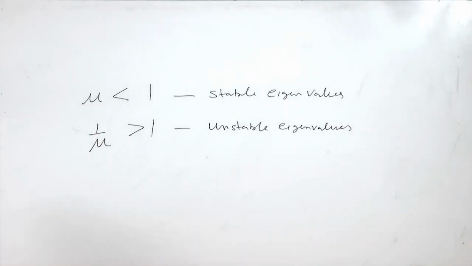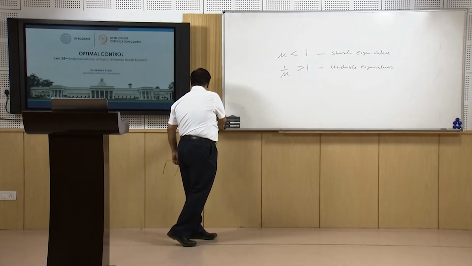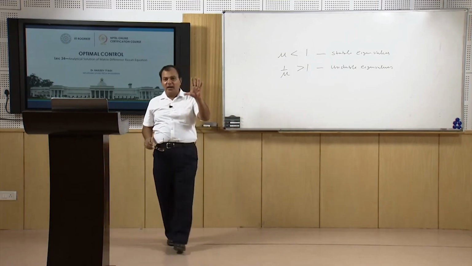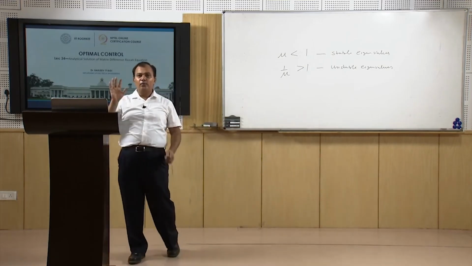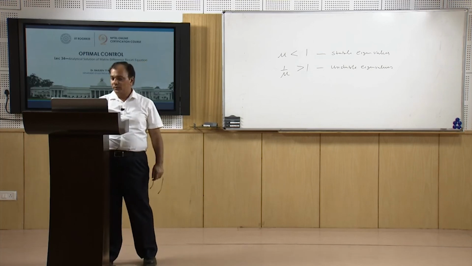So, my matrix H will have a set of stable eigenvalues and a set of unstable eigenvalues.